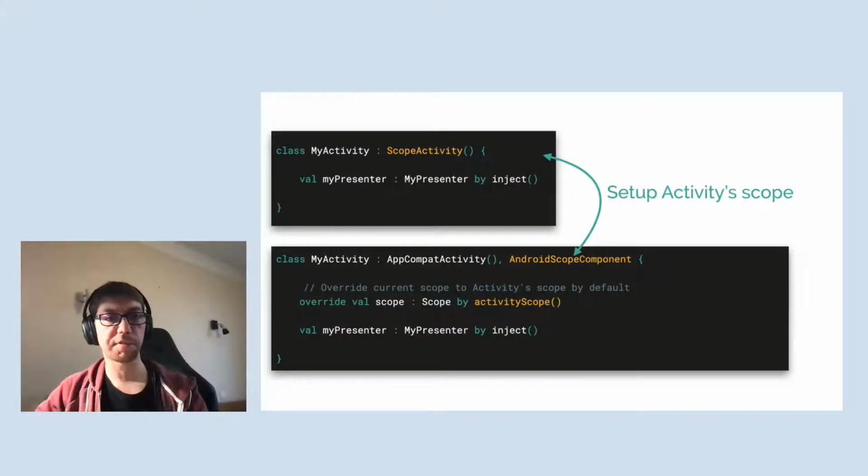You will have to define your scope here. Then we can have an activity scope, activity retain scope, or another kind of scope. But then you will manually deal with your scope, and after that you can write by inject in your activity, and it will refer automatically to the right scope.